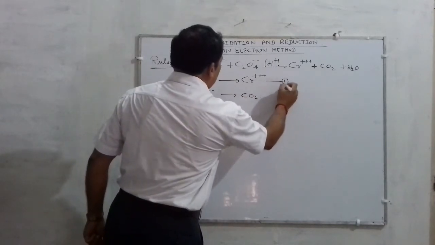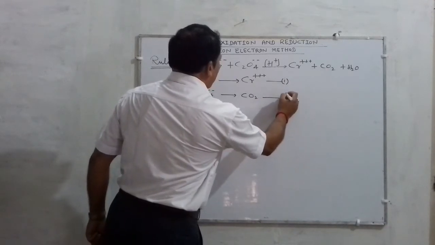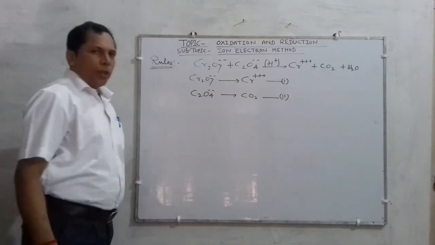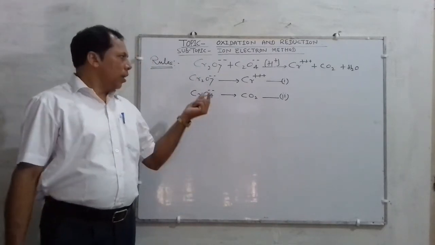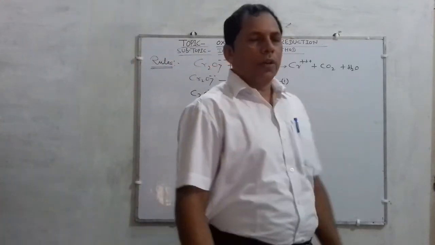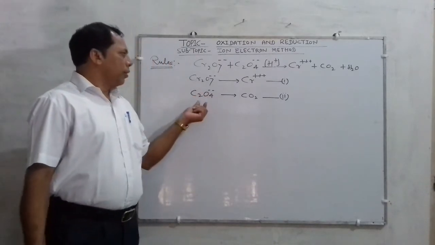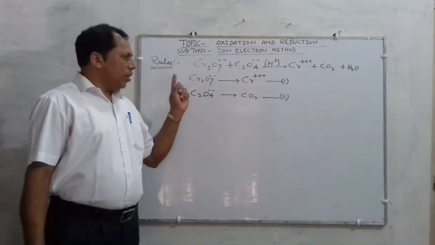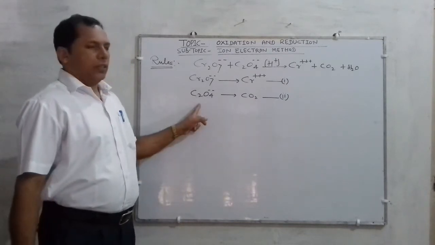Suppose this is the first half reaction and this is the second half reaction. With the knowledge of oxidation and reduction, either by the electronic definition or the classical definition, you can identify which reaction is oxidation and which is reduction.